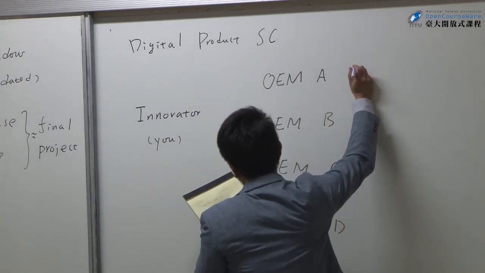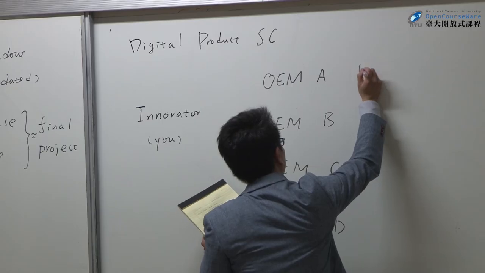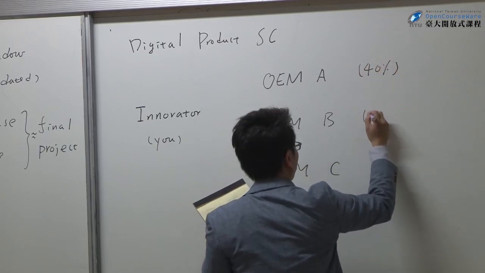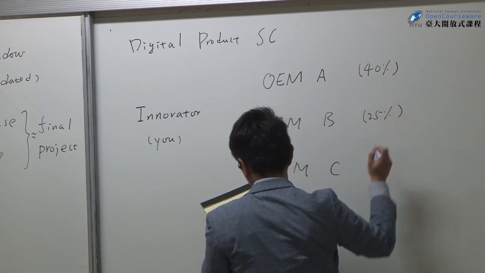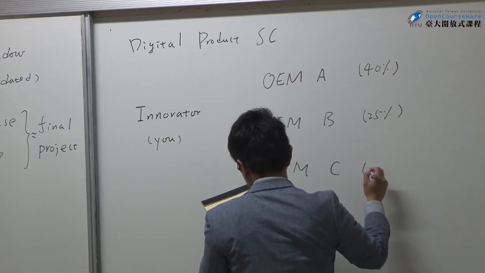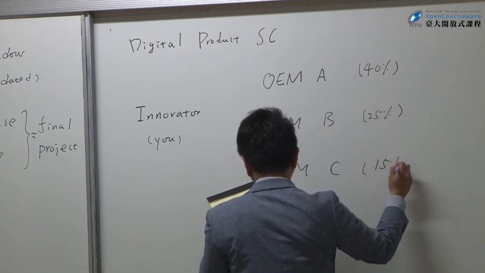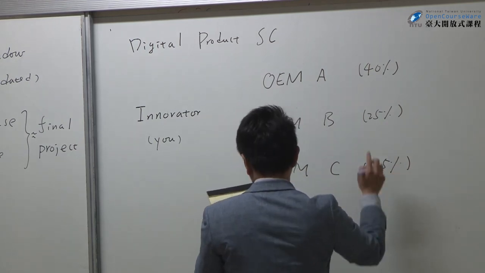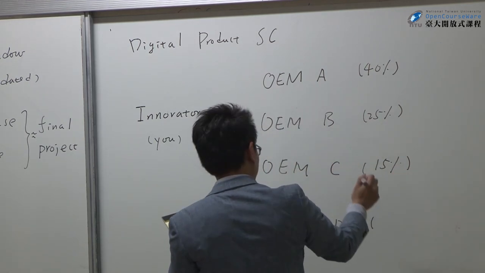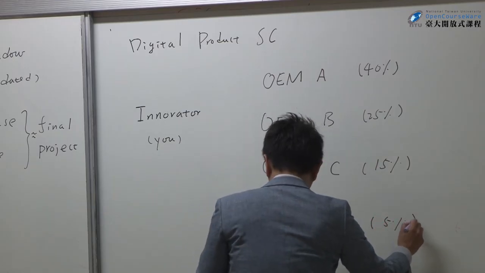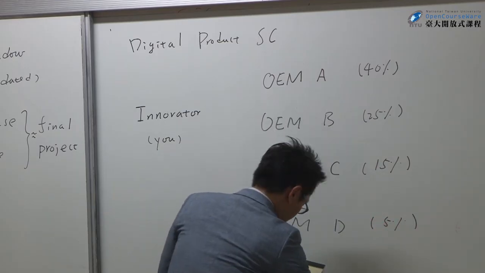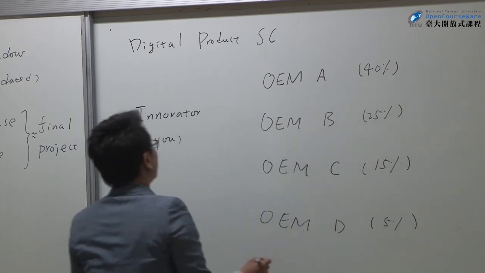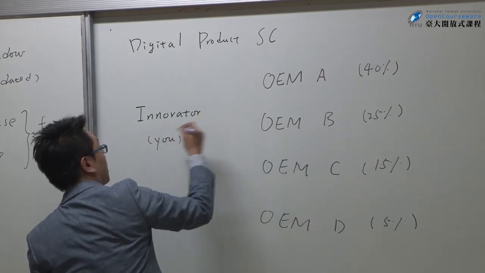The first OEM you can think of is something like Foxconn in PC, with 40%, and OEM B with 25%, and OEM C with 15% of market share, and the other one has 5% here, and the rest of the producers have 15%.